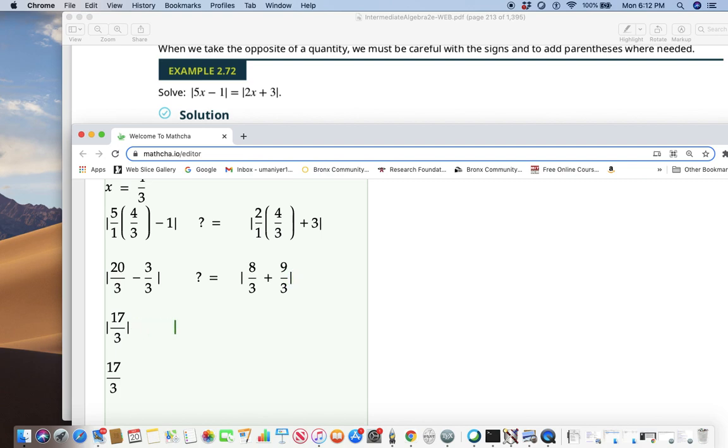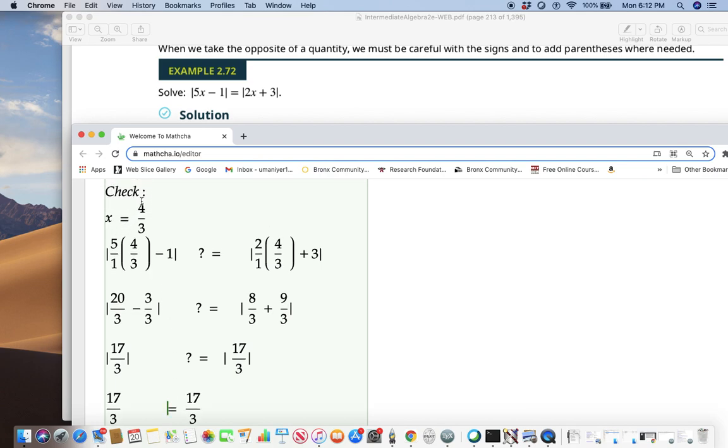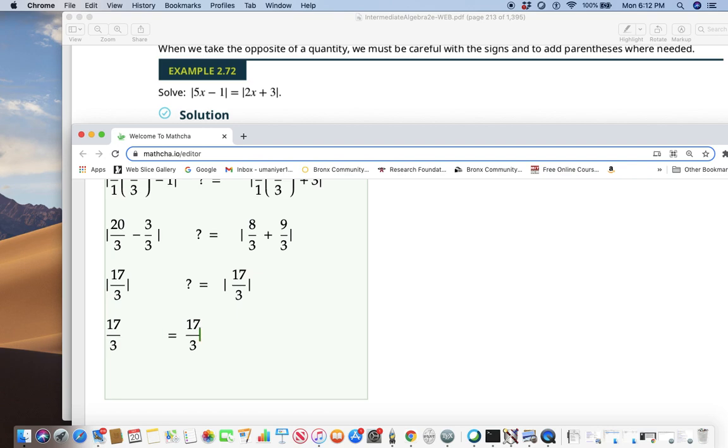I have a common denominator, so 8 plus 9 is 17 over 3. Is 17 over 3 equal to 17 over 3? Of course it is. So x equals 4/3 is a solution.